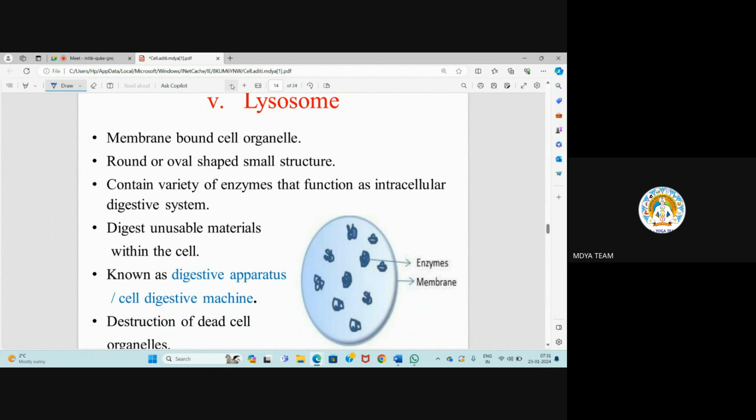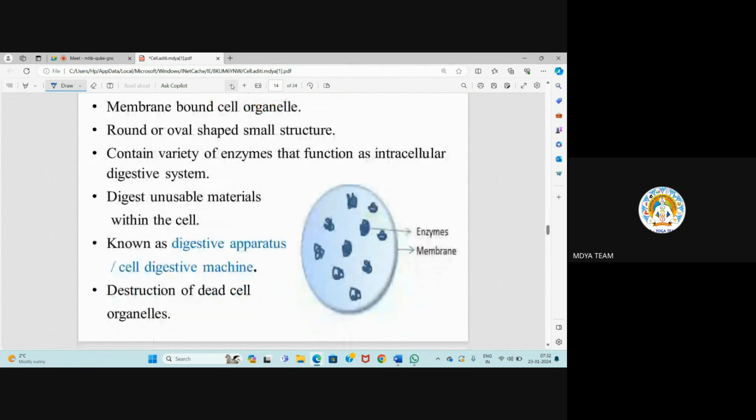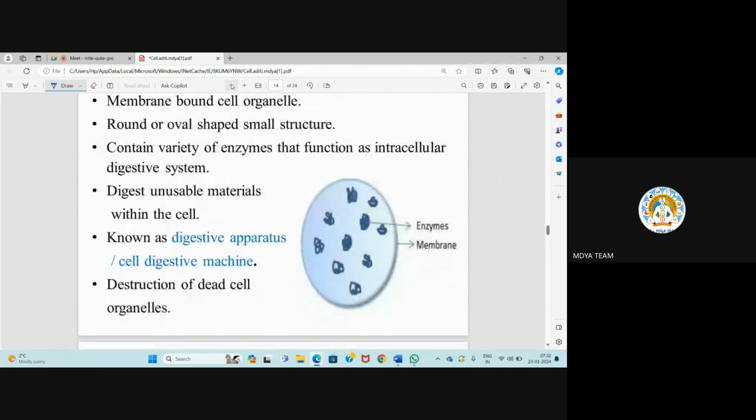Means lysosome is digesting that material and cleaning the cell. So that is why it's also known as digestive apparatus or cell digestive machine. As it is cleaning the cell and it is cleaning the unusable material or waste material, so the destruction of dead cell organelles are also being cleansed by this lysosome only, right?